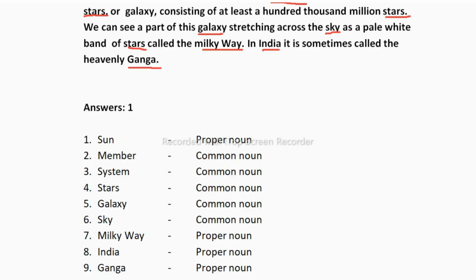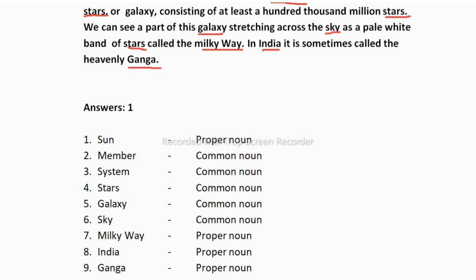Now let us see how many of these nouns are proper and common nouns. In the nouns video, we have already discussed what proper and common nouns are. Common nouns are the nouns that name persons, places or objects of the same kind or class. Words like book, pen, pencil, boy, girl, village, mountain, or members, systems, stars, these all are common nouns.